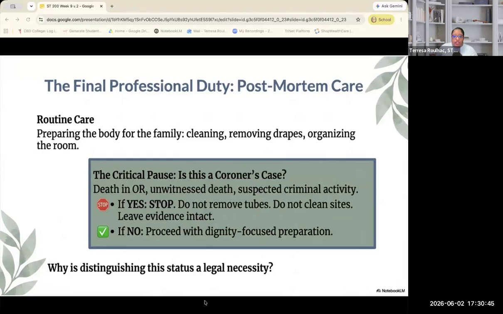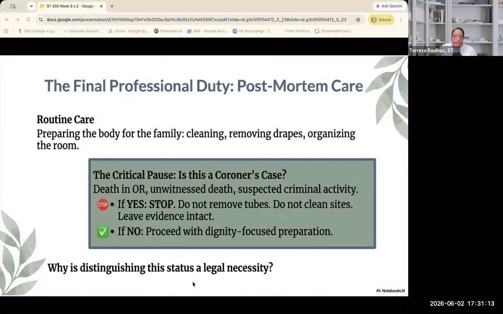Why is distinguishing this status a legal necessity? I want you to be thinking of chain of custody, evidence integrity, legal accountability, and professional liability. Good intentions do not override legal standards.